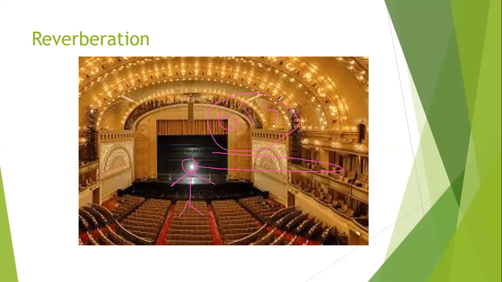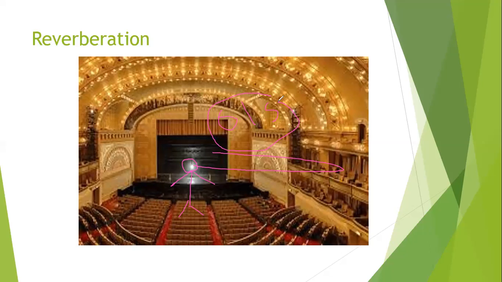For example, you can experience this in your homes. Stand in an empty room where there is no furniture. The room is empty and you say something in that empty room. Your sound will be a little bit changed because of the reflection.